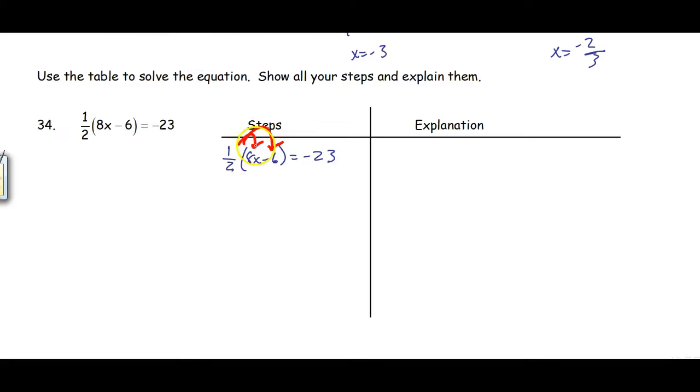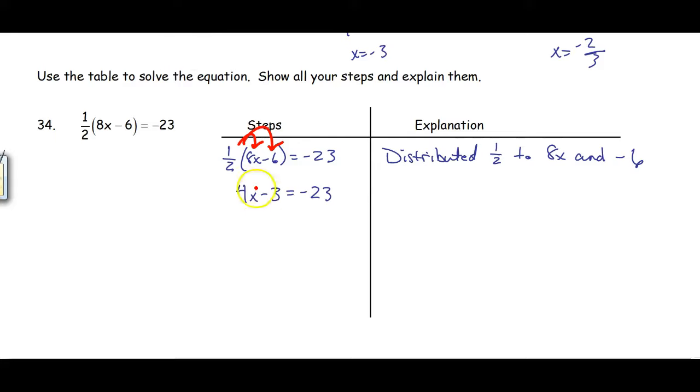So 1/2 times 8x is 4x. 1/2 times -6 is -3. So we have 4x minus 3. So what do we do? Our first step, we distributed 1/2 to 8x and -6.